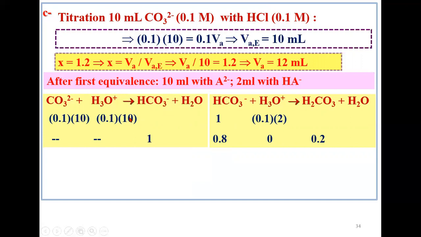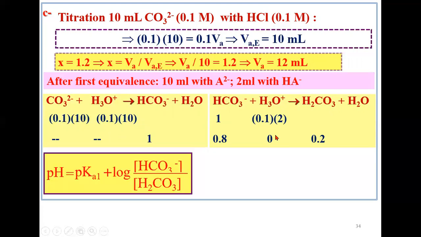Now, if you were to put here 12 mL for the acid, you will see that this acid will be in excess, and the excess amount reacts with the hydrogen carbonate minus as a base. So, it depends on how you do it. You could have put 12 here, you would have had remaining acid, and that remaining comes out to this side.